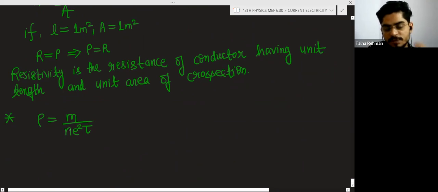So rho is inversely proportional to n, and tau changes with temperature. n is a property of the material. So you can say resistivity depends on the nature of the material as well as the temperature.